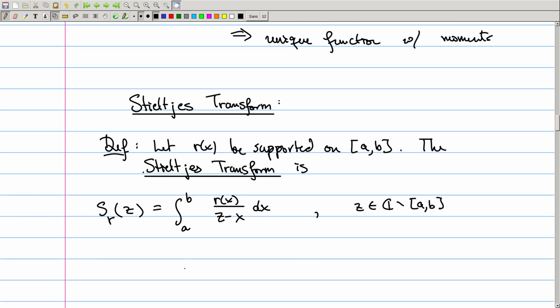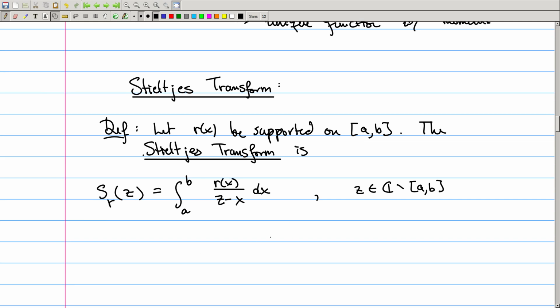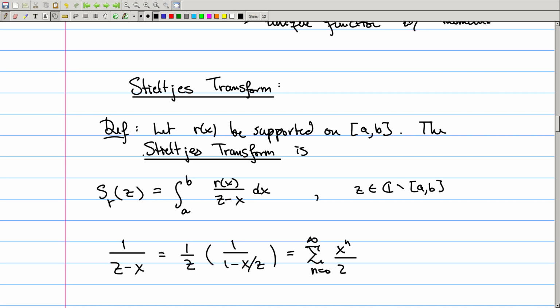Now the Stieltjes transform is very closely related to the moments, and we can see this by doing a series expansion for the quantity 1 over z minus x. I can start by writing 1 over z minus x as 1 over z times 1 over 1 minus x over z, and we know a nice series expansion for the latter, so this is the same thing as the sum, n equals 0 to infinity, of x to the n over z to the n plus 1.